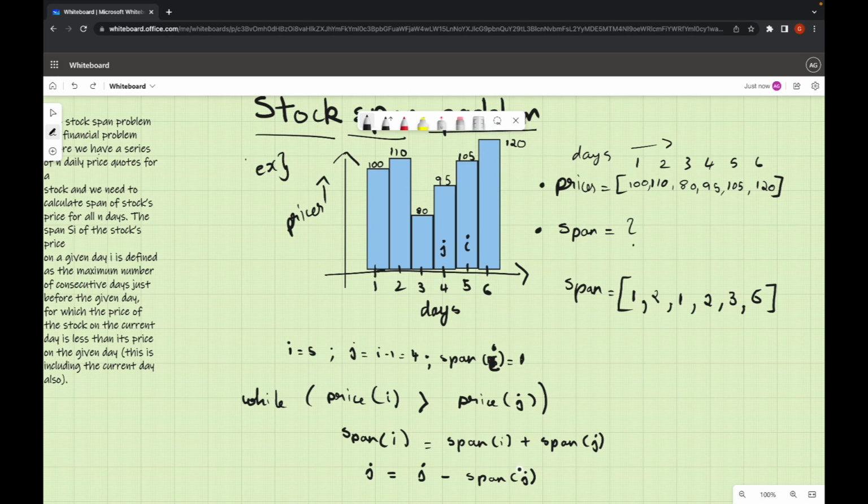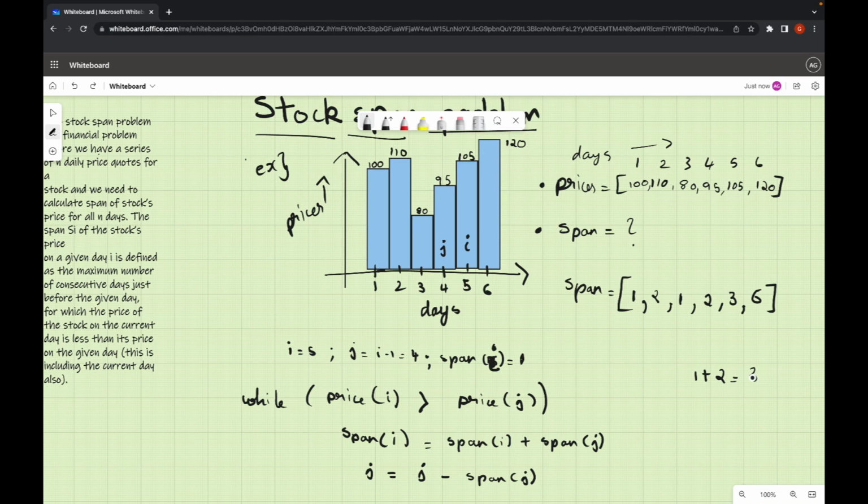Okay, so let's look at what's happening now. Initially your span of I is 1. Now you compare 105 with 95. Since 105 is greater than 95, you increment the span of I, which is 1. So 1 is equal to 1 plus span of j. Span of j, span of 4, is 2.